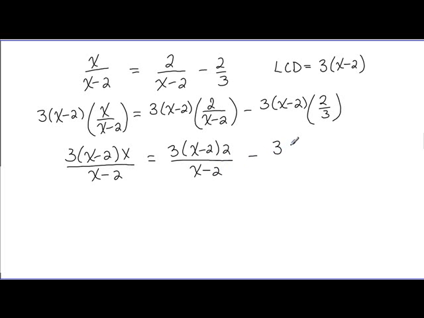And 3 times x minus 2 times 2 over 3. Then reducing each fraction, x minus 2's cancel, x minus 2's cancel, and the 3's cancel, leaving us with 3x equals 3 times 2 minus x minus 2 times 2.